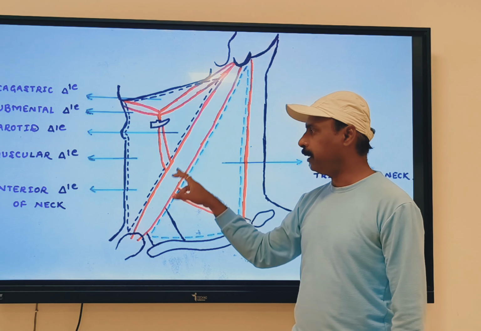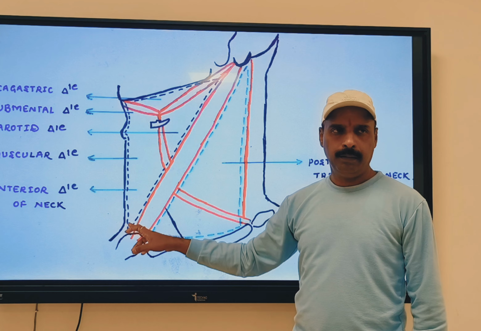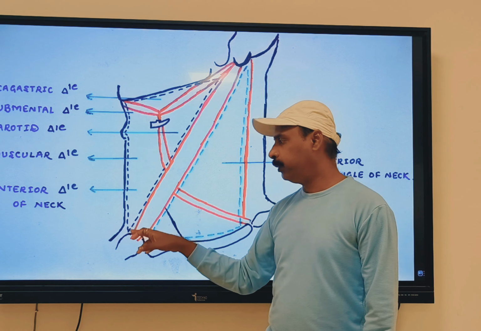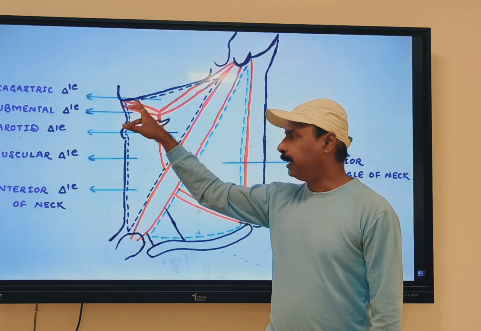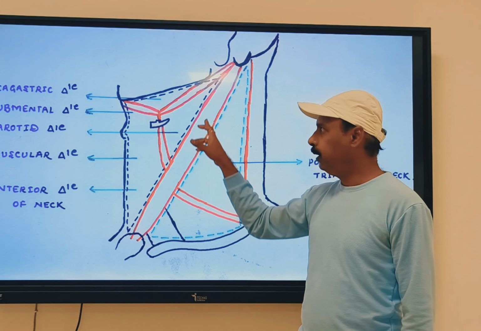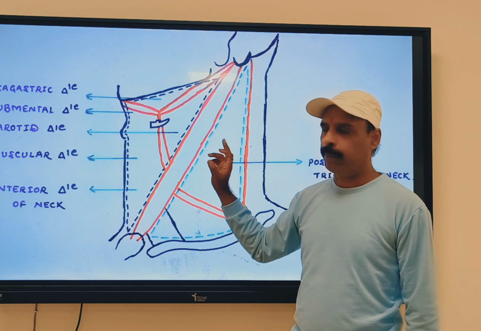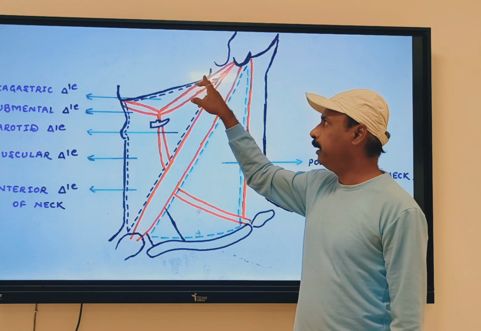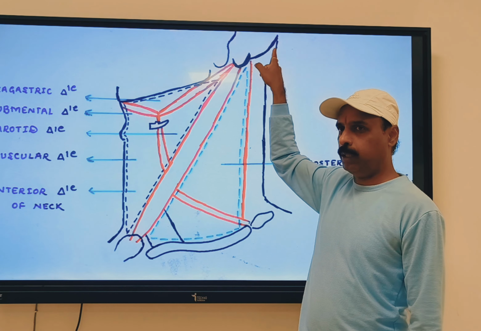Next, the boundaries of the anterior triangle of the neck. It is bounded anteriorly by the anterior median line or the median plane. I have already told you it extends from the mentum to the manubrium sterni. Posteriorly, it is bounded by the anterior border of the sternocleidomastoid muscle, and superiorly by the base of the mandible, the line joining the angle of the mandible to the mastoid process, not the superior nuchal line.